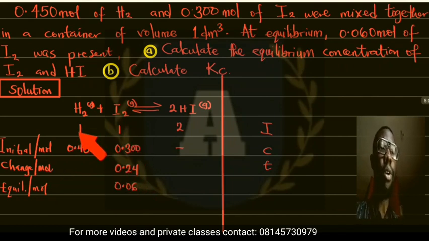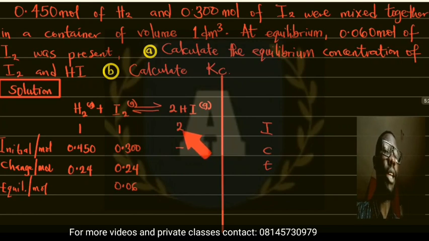Meanwhile, because the mole ratio of hydrogen to iodine is 1:1 and the change in mole for iodine is 0.24, therefore the change in mole for hydrogen will also be 0.24 in mole as well. However, now we compare this with this. We have 2 mole of hydrogen iodide in the mole ratio.